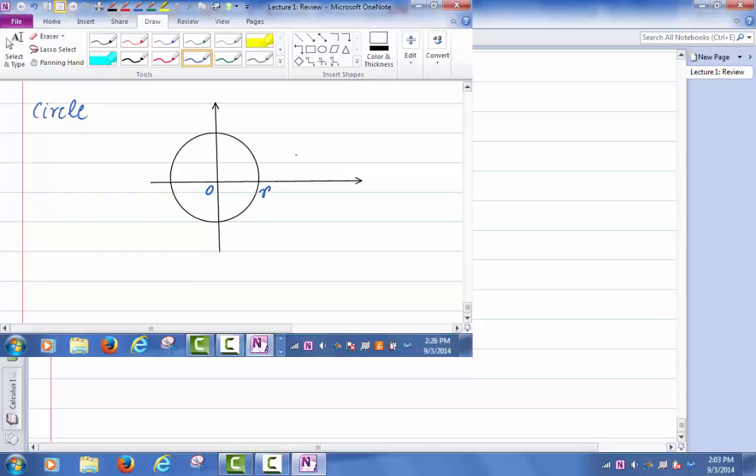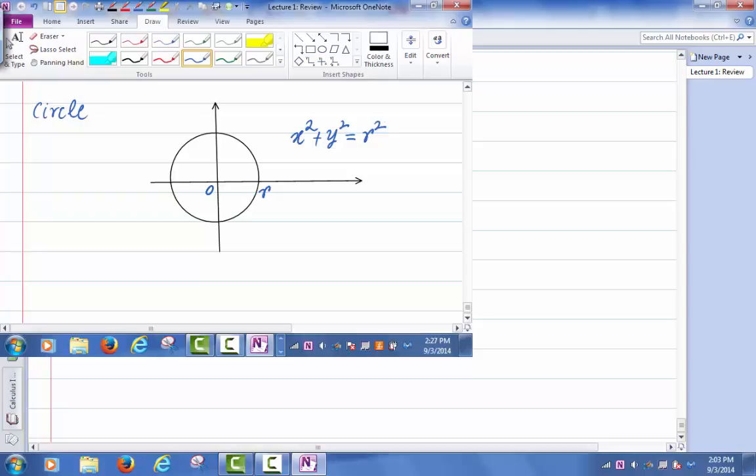Go ahead. x squared over r squared plus y squared over r squared equals 1, or something similar to that. Basically, what you're trying to say is that x squared plus y squared is r squared. You don't have to divide out by r squared. So the equation of the circle of radius r centered at the origin is x squared plus y squared is r squared.